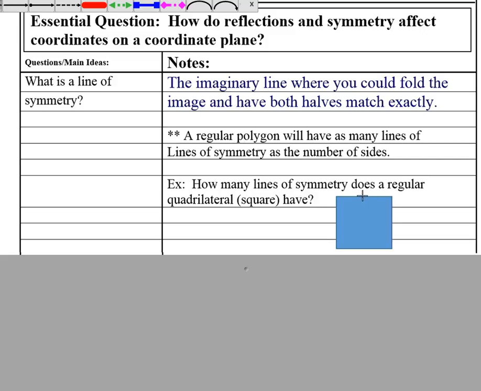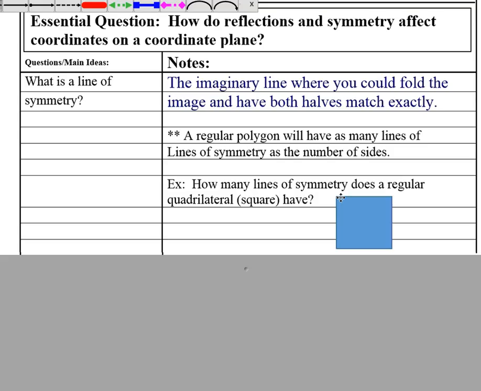So if I draw an imaginary line here, that would cut the square in half. I can draw another line here horizontally, which will cut the square in half.